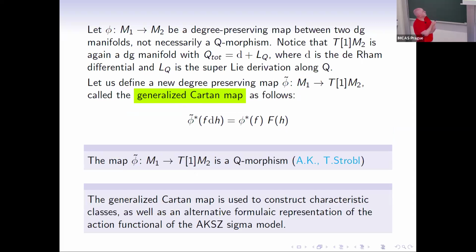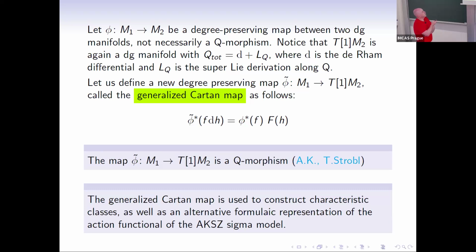Now, this structure, which I actually would like to explain: if you have a map between two graded manifolds which is degree preserving, and suppose that both manifolds are also Q manifolds, and this map is not a chain morphism, so it's not a Q map.